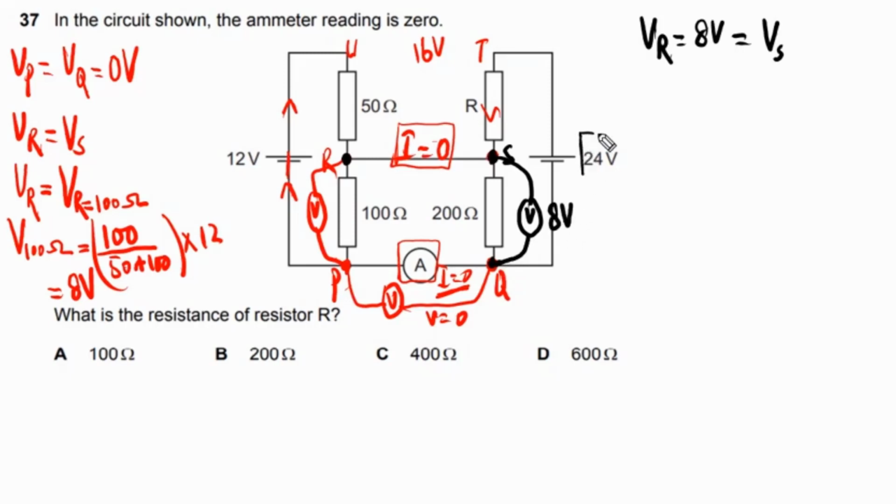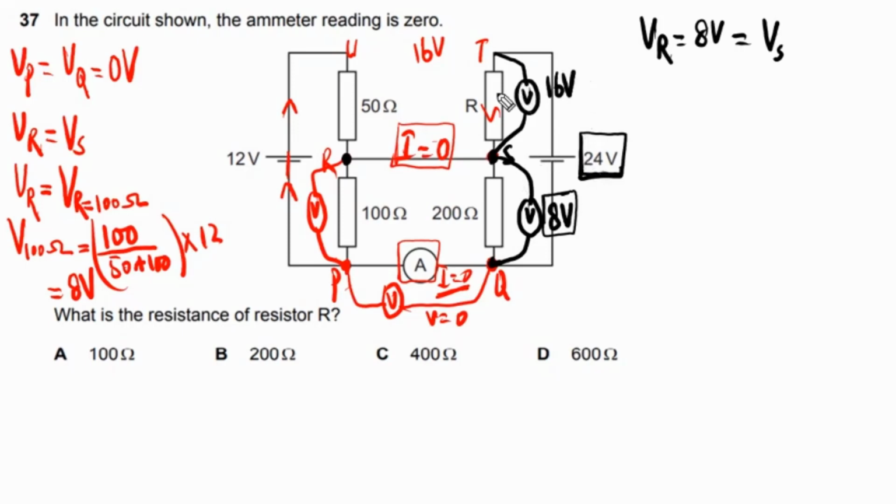Now, the EMF of the power supply is equal to 24 volts, and the potential difference across the 200 ohm resistor is 8 volts. So if we connect our voltmeter between point P and point S, the reading on this voltmeter will be equal to 16 volts.